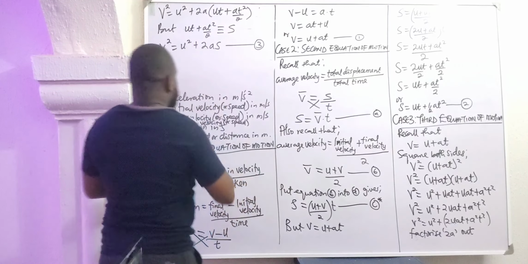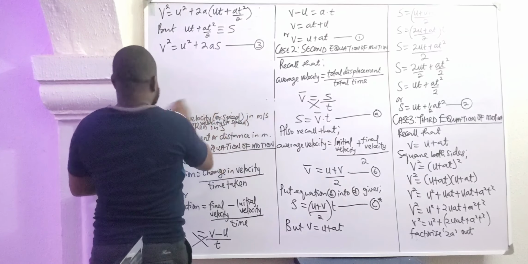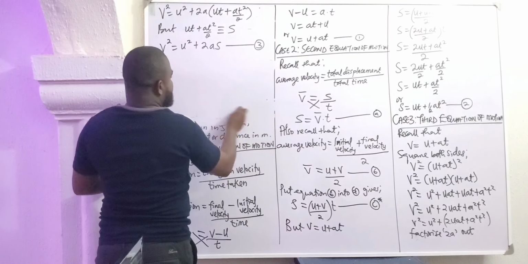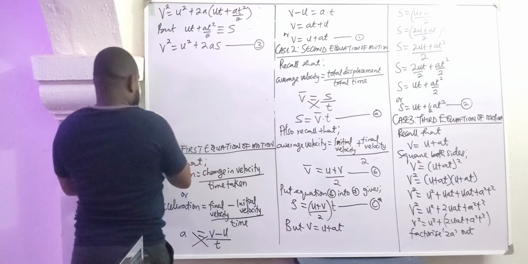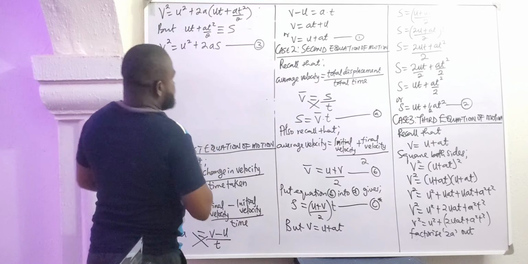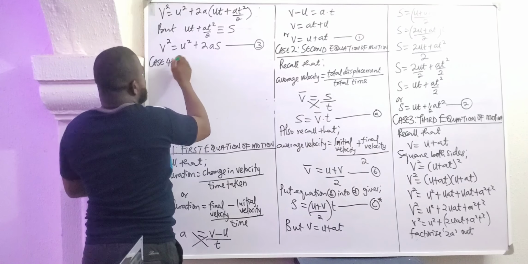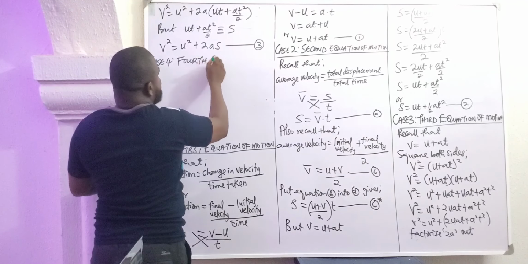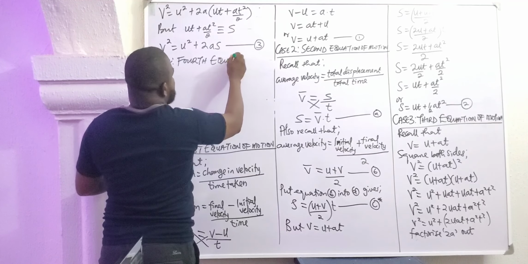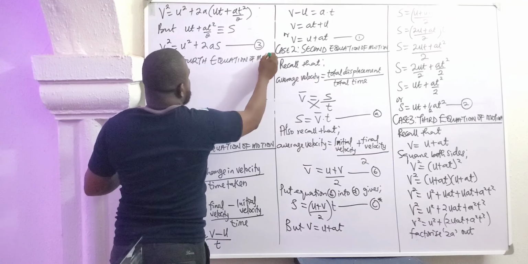Like I said, the fourth equation of motion is actually equation C star. So I'm going to quote it as the fourth equation of motion. So we have case 4, the fourth equation of motion.